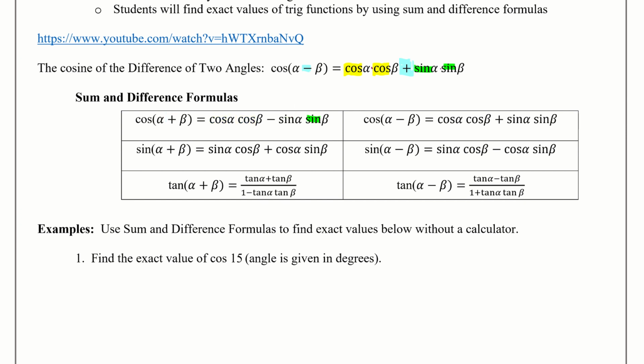For sine, it is a slightly different pattern, but there is a pattern. If we take two angles and find their sum, and that becomes our new argument, and we take the sine of that resulting sum, we can also find that by doing the sine of the first times the cosine of the second. We're going to keep this as addition as it started off, which is different than the cosine sum and difference formulas.